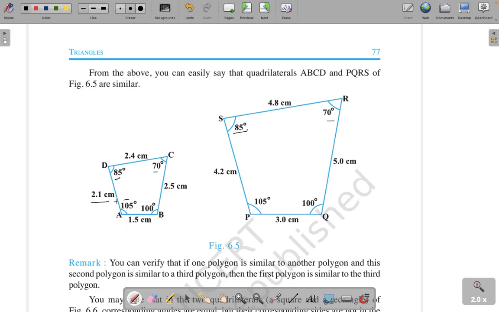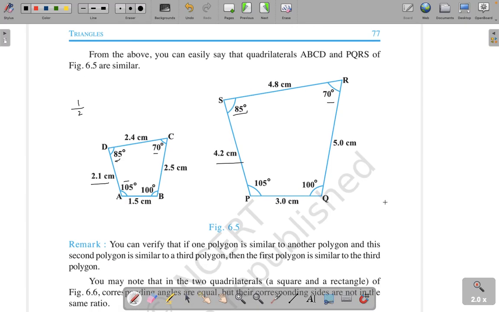Then sides 2.1, 4.2. So the ratio is 1:2. This is also 1:2, this is also 1:2, and this is also 1:2. So it is satisfying both the criteria, and that is why both the figures are similar.